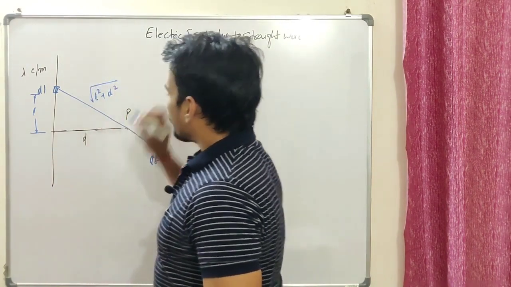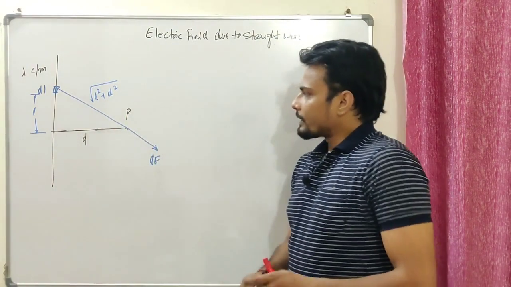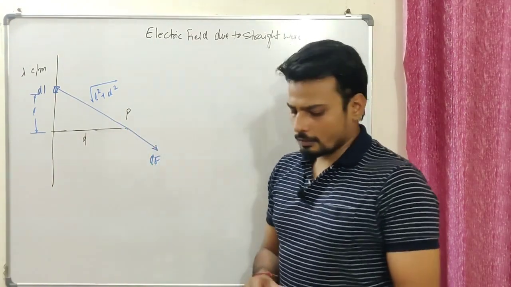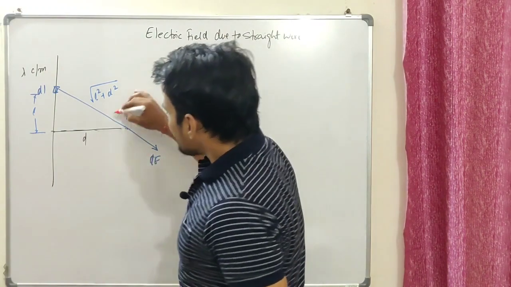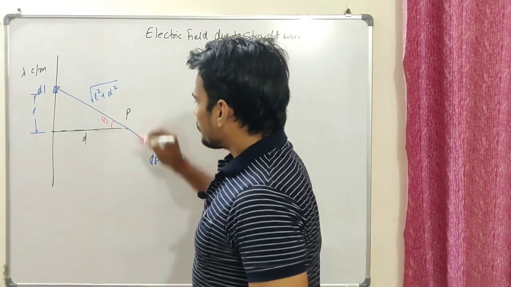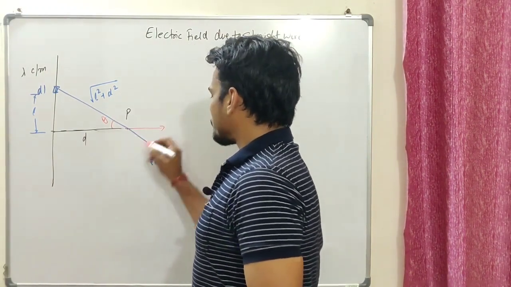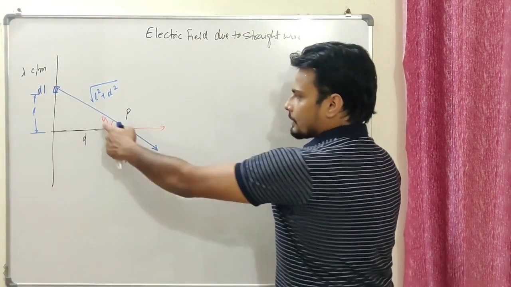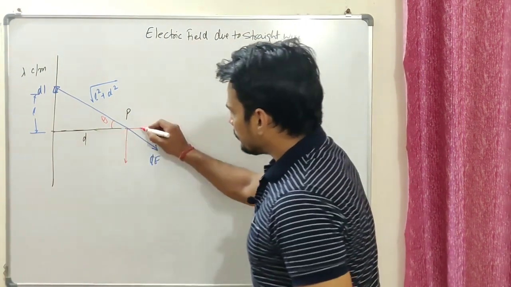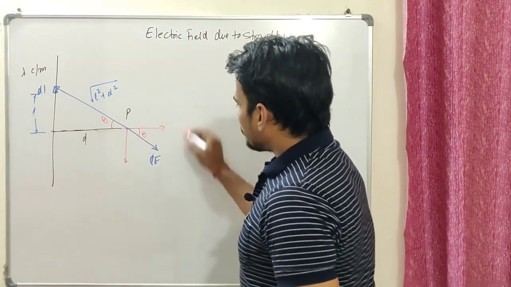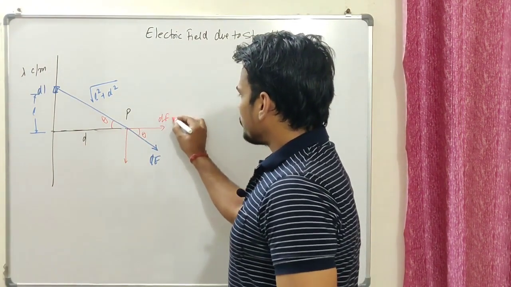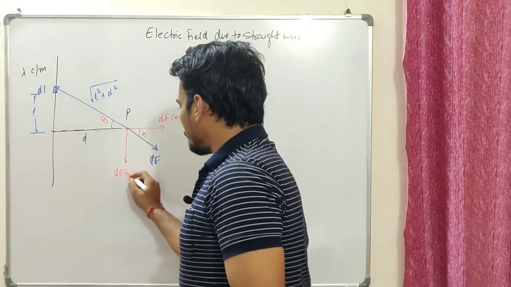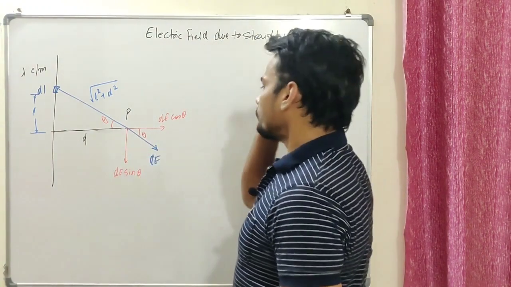Now let's come to its distribution along its components. Well, let's assume this is theta, then I'm going to have one field in this direction and one field in this direction. This angle is going to be theta. Then this is going to be dE cos theta, and this part is going to be dE sin theta.